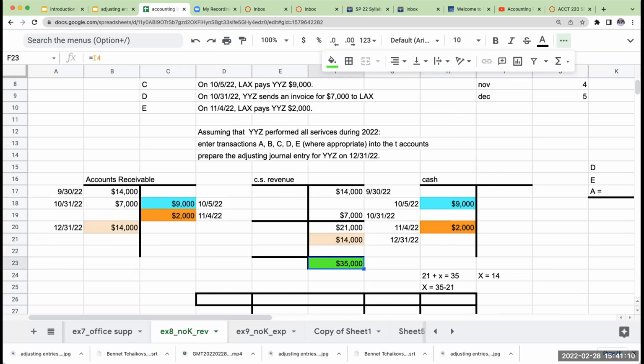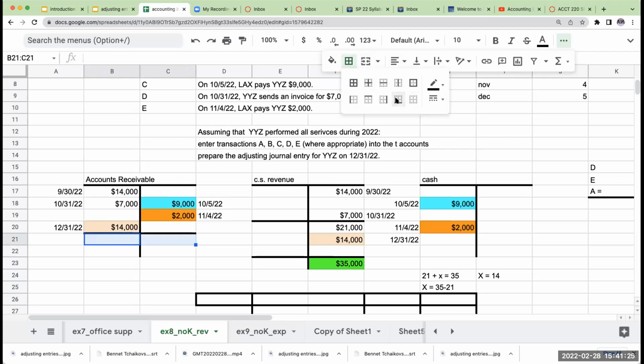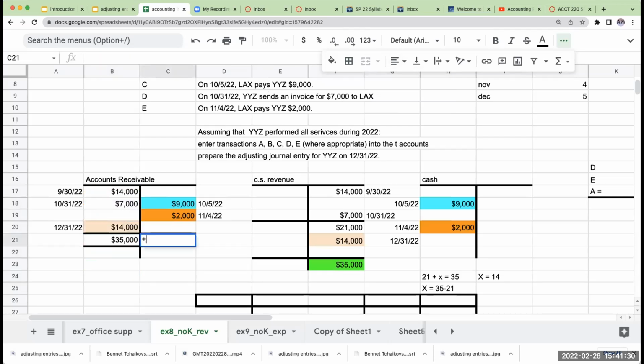So go to the first step. How much revenue should we have recognized? How much was in there? What's my adjustment? Let's take a look at accounts receivable. Over here, I've got total debits with the adjustment of 35,000. I've got total credits of 11,000. My accounts receivable is $24,000. Does that make sense?